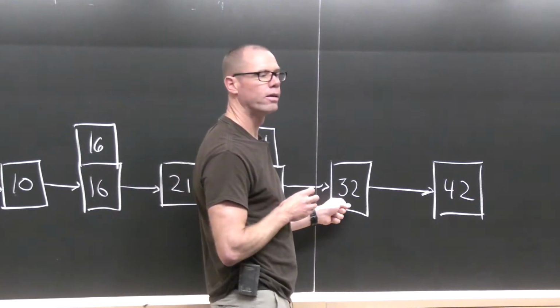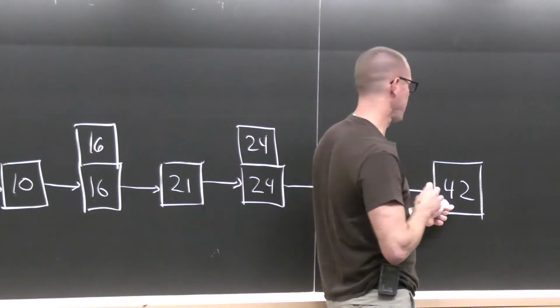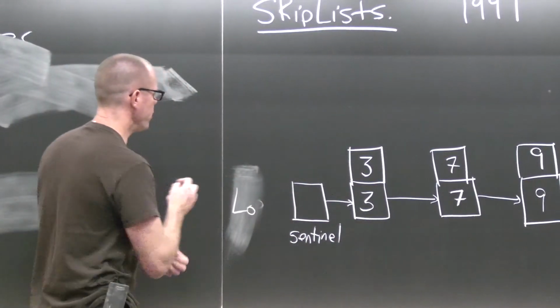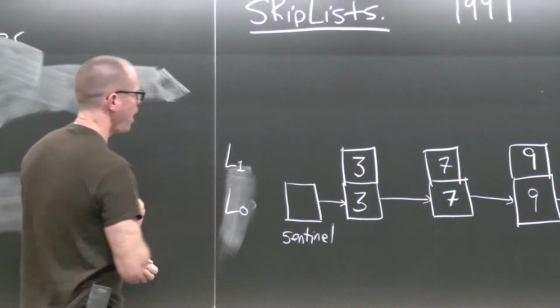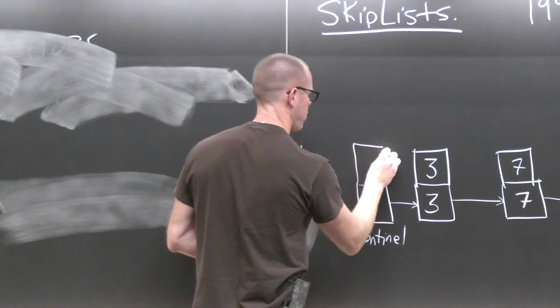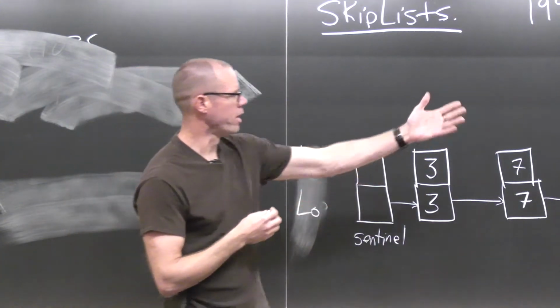Coin toss. And a coin toss. Tails. Okay, so that gives us a new list, L1. Since L1 is not empty, the sentinel will take part in that list as well. We didn't toss a coin for the sentinel, but for everyone else we did.